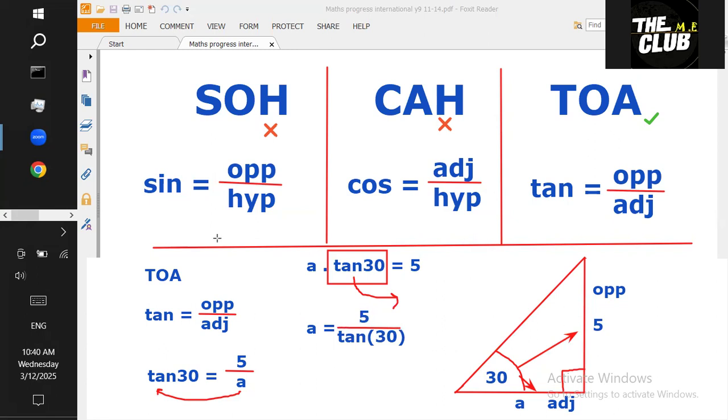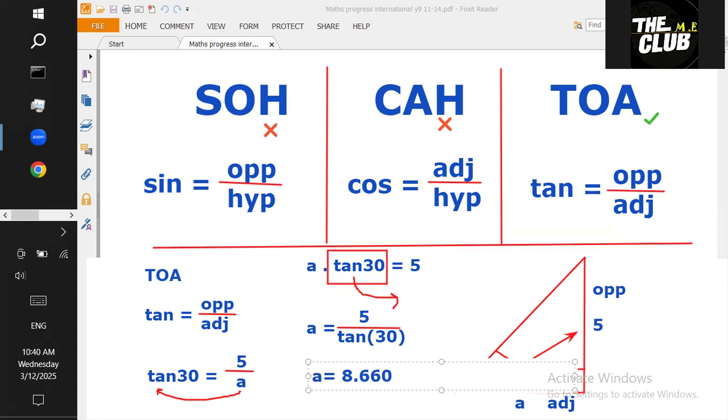Now you come to the calculator and find the value of A. So in the calculator, I'm going to write it like this: fraction 5, and I go down, I write tan 30. As I said, it's going to ask you for a bracket. You can close it or you don't have to, depending on the calculators. So the final answer is 8.660.